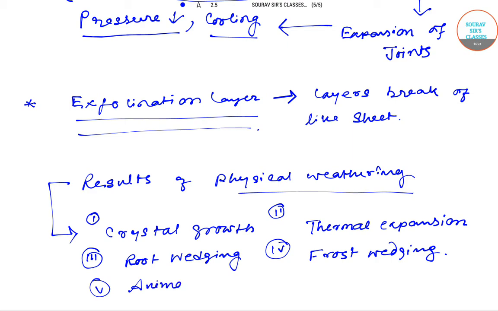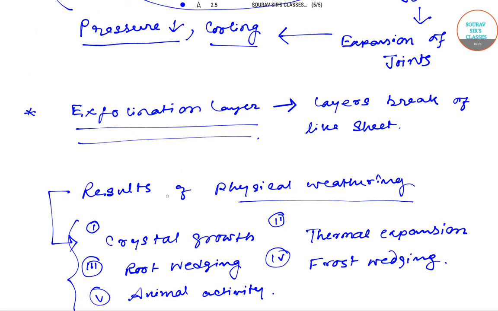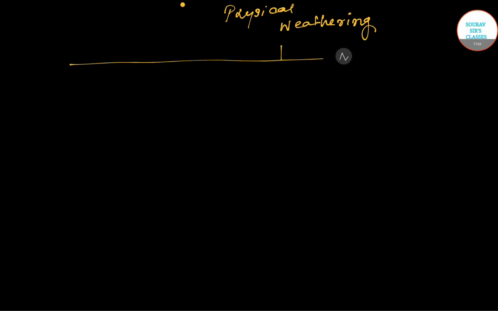So animal activity, these are the 5 types of results that may be caused by the physical weathering or the mechanical weathering. So we can classify this on the basis of result. The physical weathering, we can classify this in 5 types.